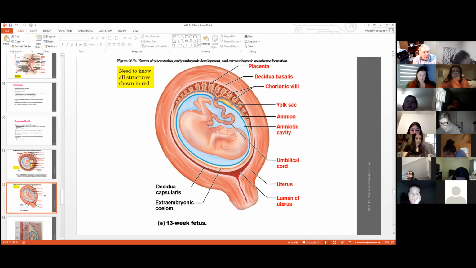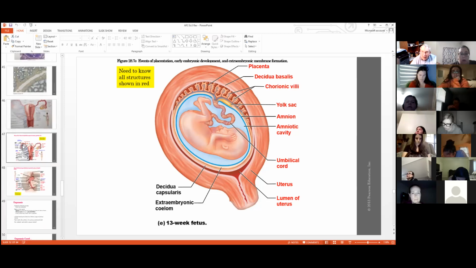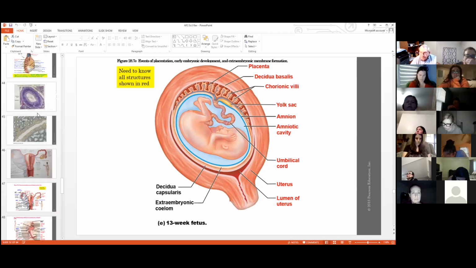What else does it do? It causes the production of testosterone. Well, what does testosterone do? Testosterone causes the Wolffian duct to develop. What do Wolffian ducts develop? They're going to become the male reproductive system. So listed below is what they make. Let me get up to the male reproductive system a minute, to this part.